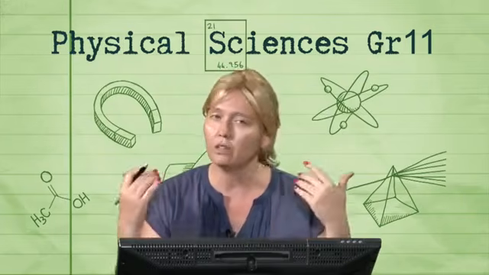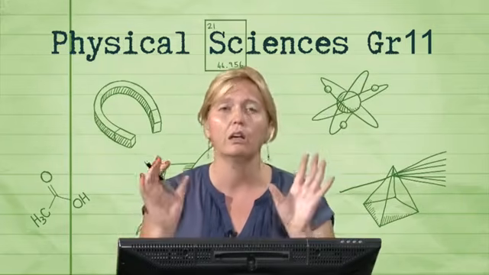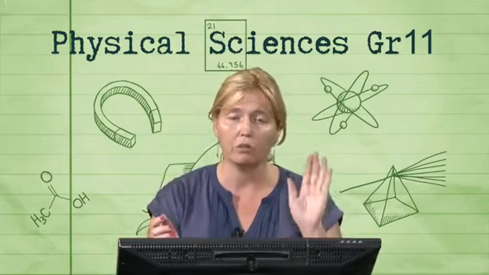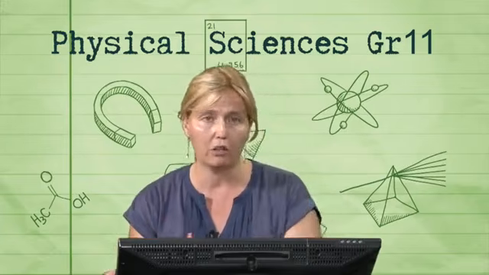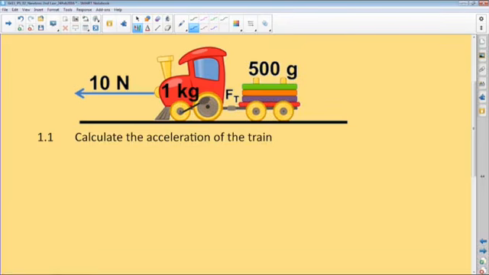So even though it says calculate the acceleration of the train, I'm going to draw my diagrams first. So I'm going to do one for the train and then one for the cart. So let's have a look. So for my train, what do I have acting on it? All I need to worry about is all the forces acting in the direction of motion. I don't need to worry about gravity and I don't need to worry about the normal force.